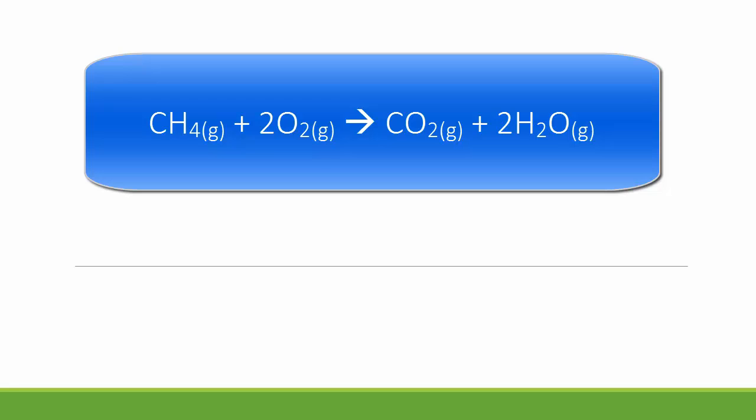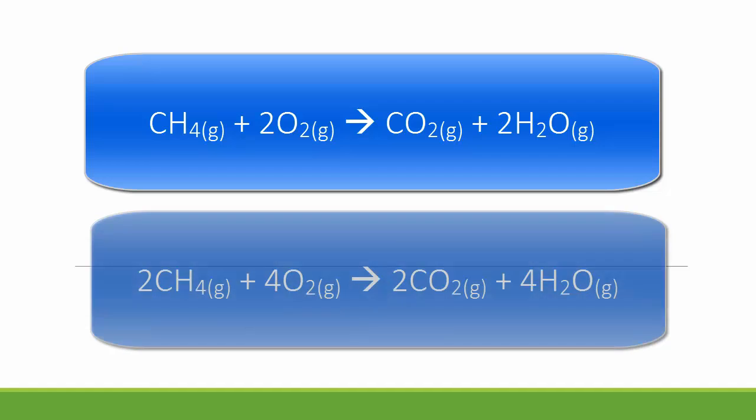What I've just done basically is doubled my reactants, right? If I, instead of 1 molecule, have 2 molecules of methane, and I double this, and I end up with 4 molecules of oxygen, it's going to react to produce what? Double the products. If I have exactly double the reactants, I'm going to produce exactly double the products.